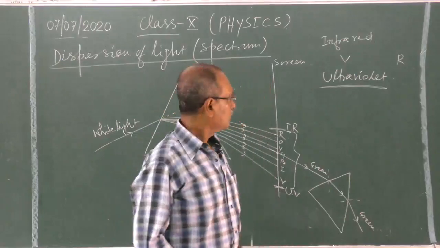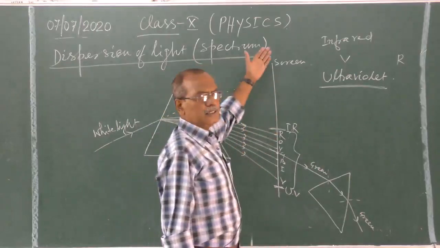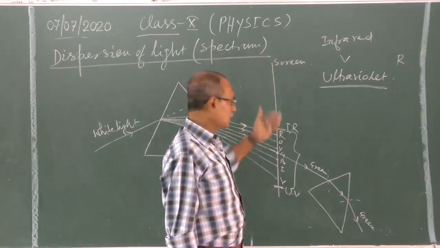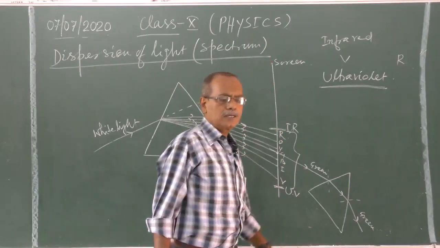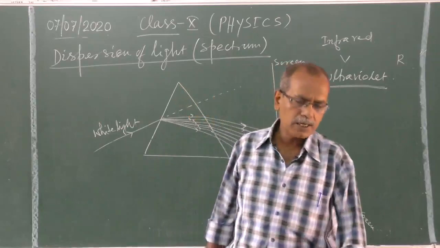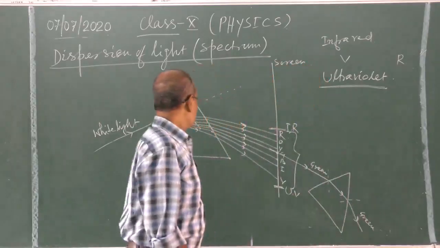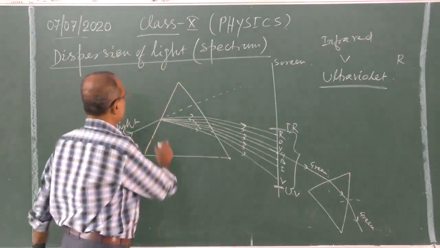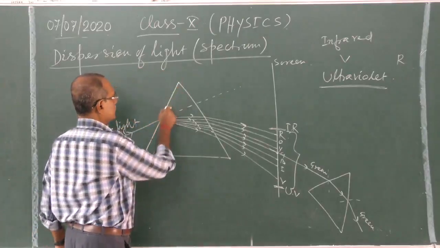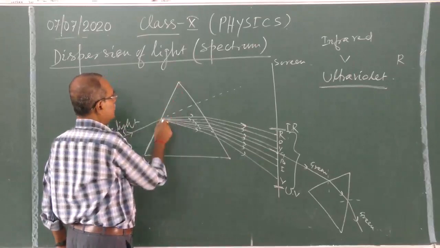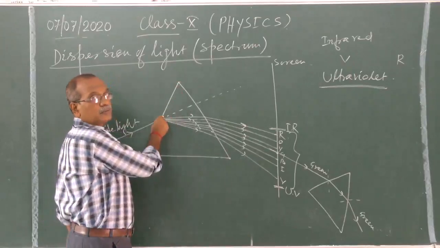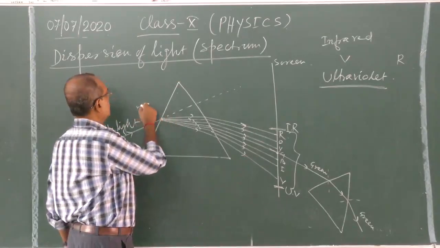There are so many other radiations, above infrared and below ultraviolet also. But dispersion in this case starts from the first surface. Here refraction is taking place from rarer to denser.